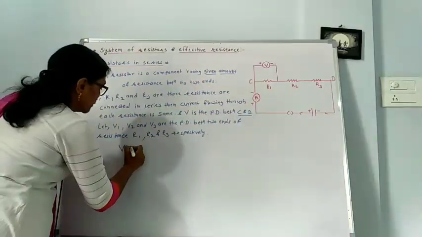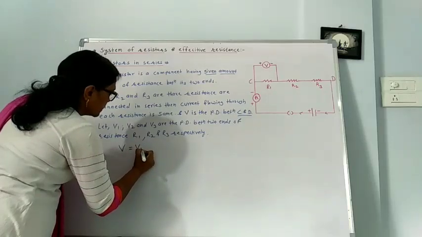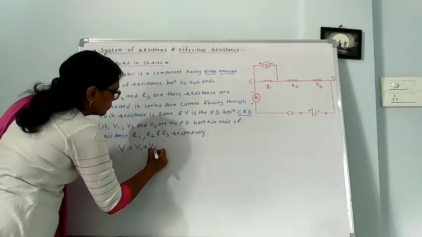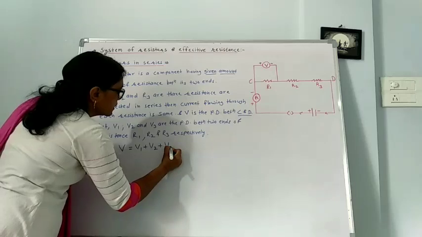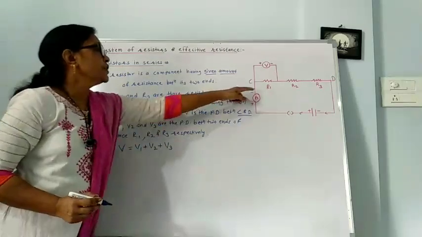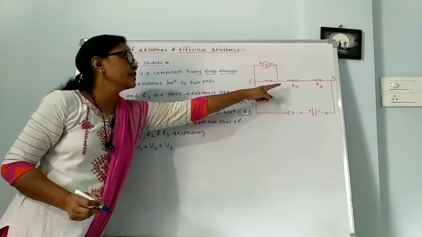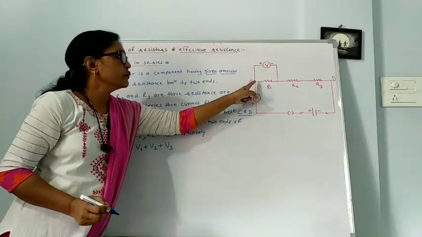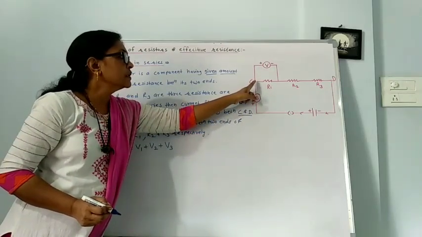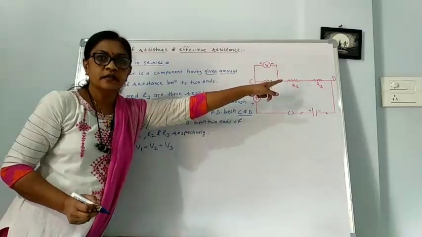So V equal to V1 plus V2 plus V3, the addition of the potential differences of the three resistances, which is the potential difference between the ends C and D.